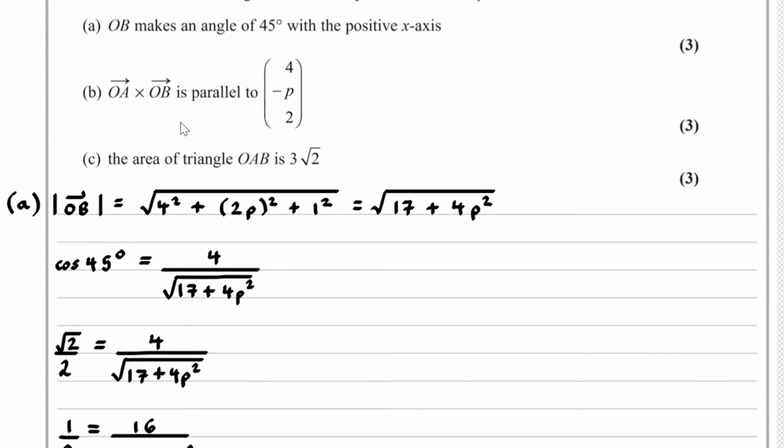Then for part B, we have to find the possible values of p for which the vector OA crossed with OB is parallel to 4, minus p, 2.